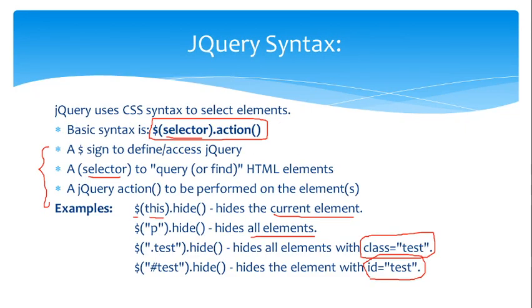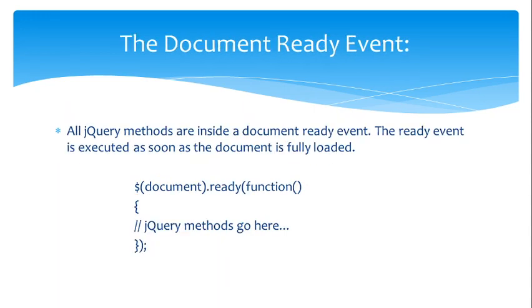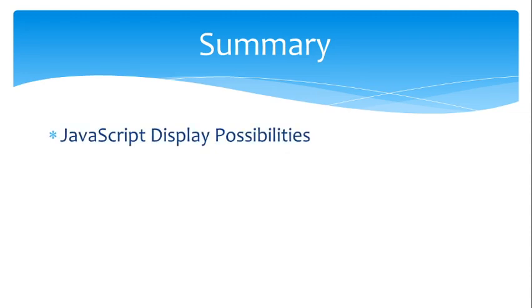So this is about the jQuery introduction and syntax, and I am going to stop here. In the next class we are going to see the selector, HTML manipulation and all.